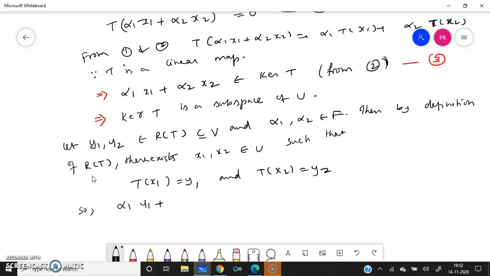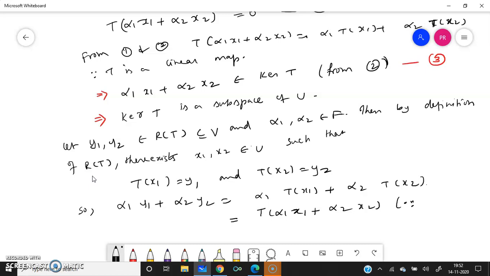So alpha 1 y1 plus alpha 2 y2 can be written as alpha 1 T of x1 plus alpha 2 T of x2. And it is given that T is a linear map, so it can be written as T of alpha 1 x1 plus alpha 2 x2, because T is a linear map.